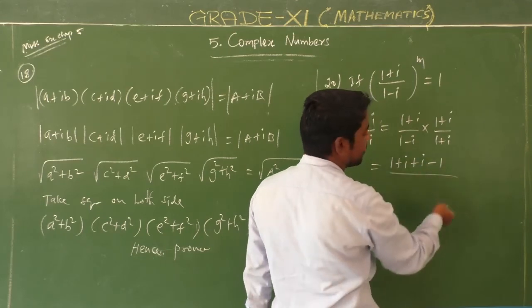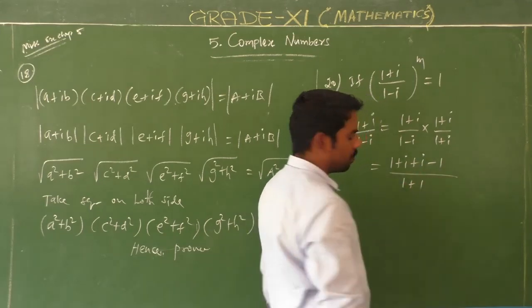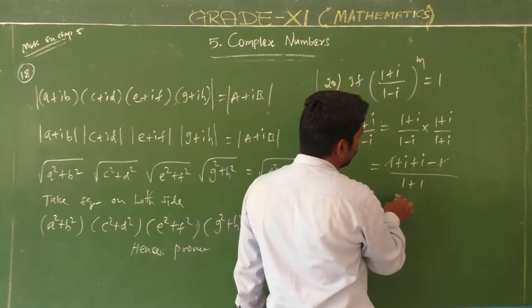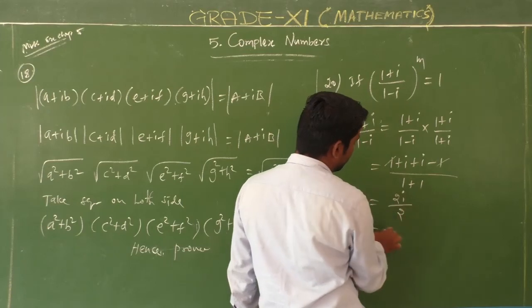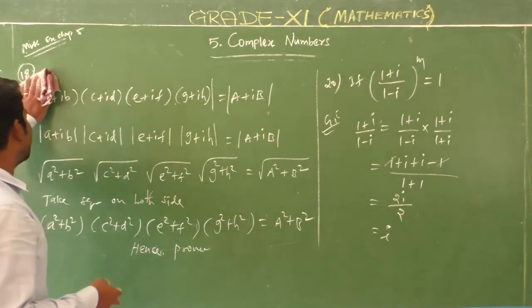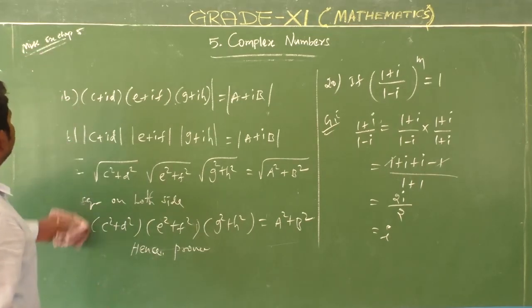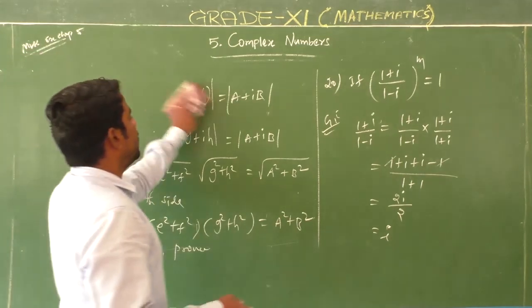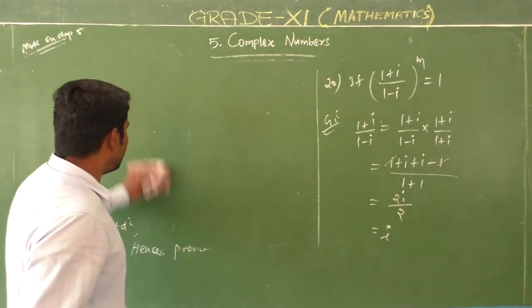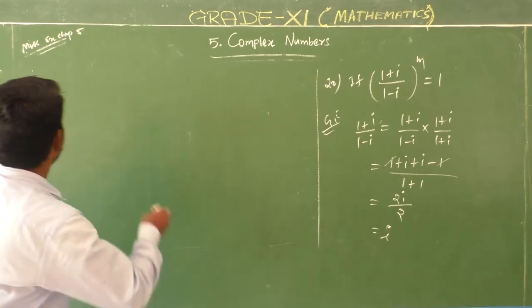Divided by (1 minus i) into (1 plus i), that is 1 plus 1, which is 2. The 1 minus 1 cancels, leaving 2i by 2, which is equal to i. So the value of (1 plus i) by (1 minus i) is equal to i.